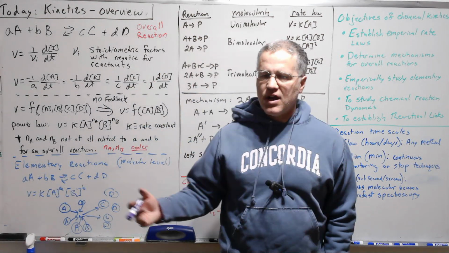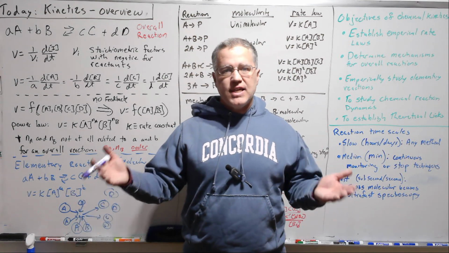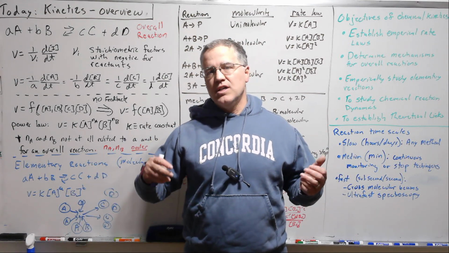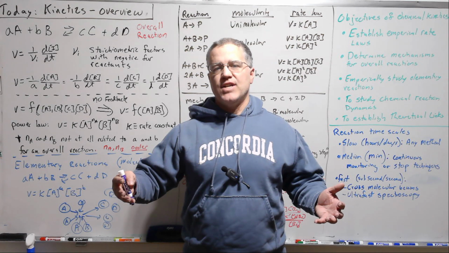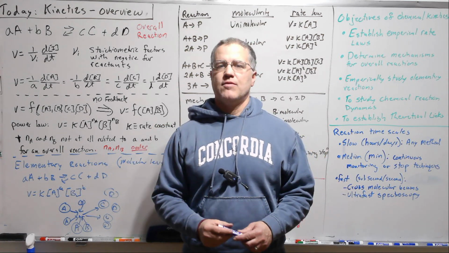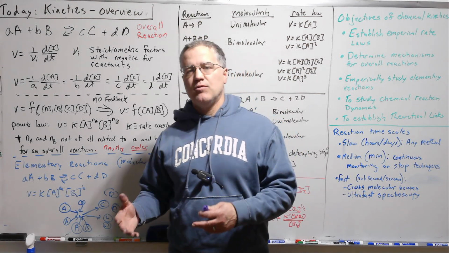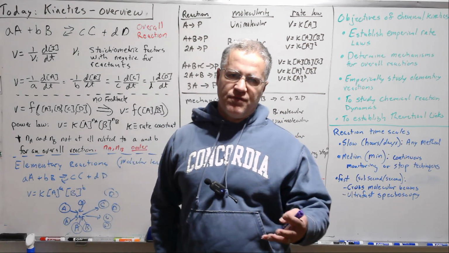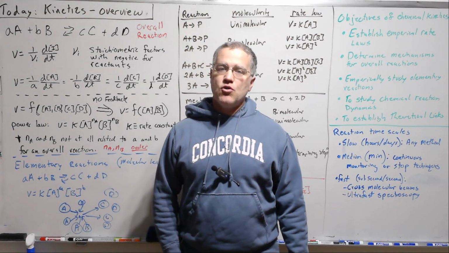Thermodynamics, which we've talked a bit about here, deals with the equilibrium cases and addresses whether a reaction will happen based on the delta G, but it won't say anything about how fast that reaction will happen. That's the realm of chemical kinetics. As a professional chemist, you need to know both things.